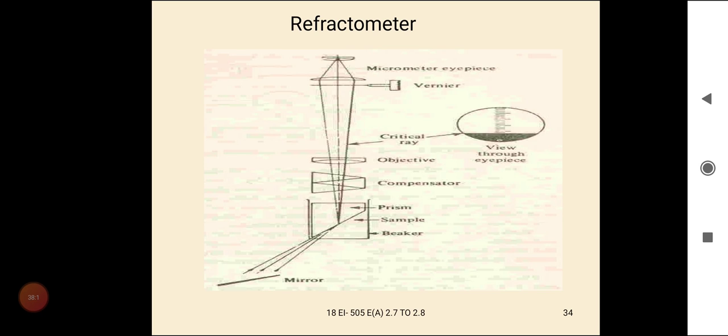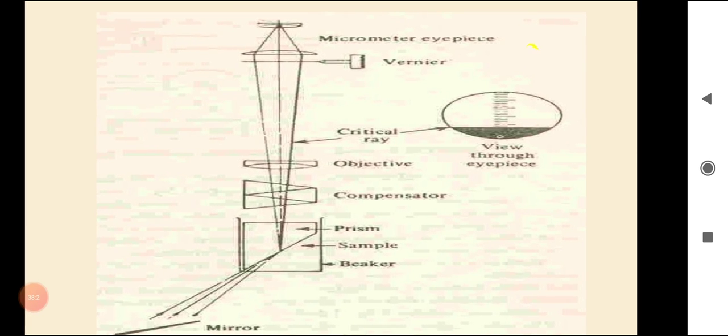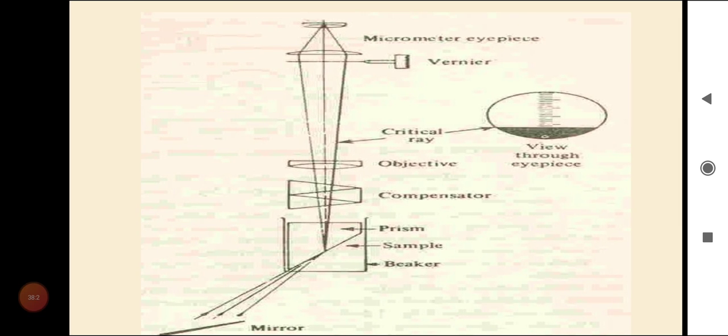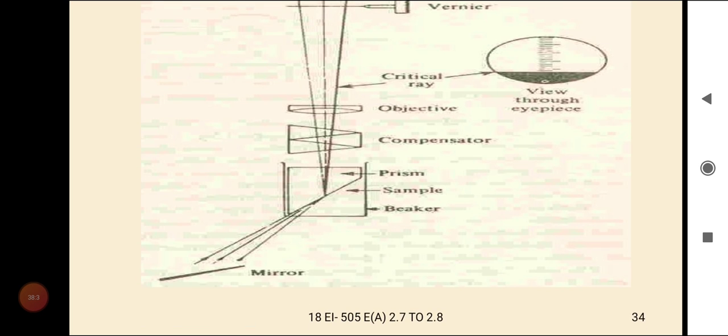Next, one more refractometer. On the top, micrometer eyepiece, vernier scale. Then the critical ray is observed in the view through the eyepiece, objectives, compensator, prism, and the sample to be analyzed is taken in the beaker, with a mirror and a prism monochromator.